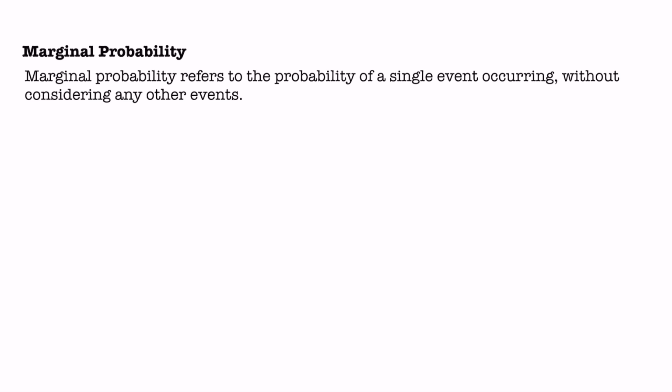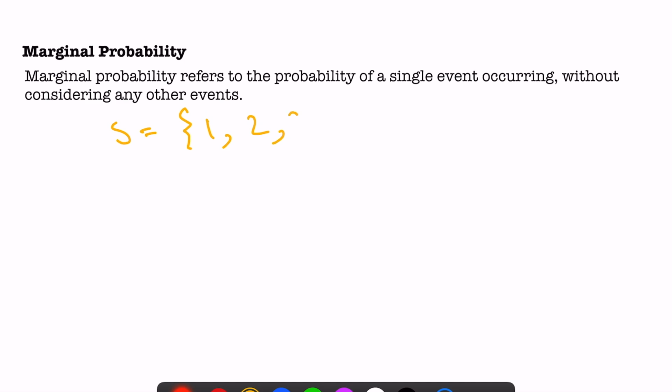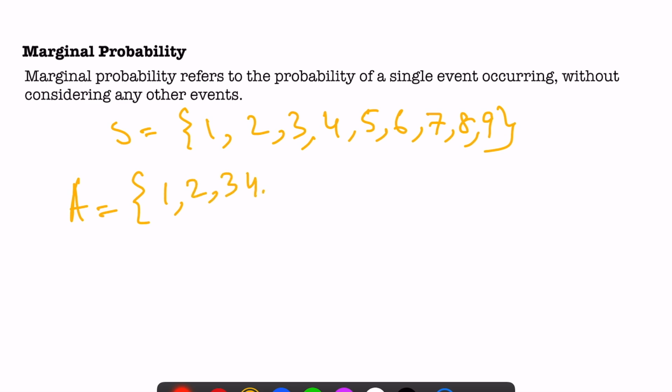What is a marginal probability? Marginal probability refers to the probability of a single event occurring without considering any other events. Consider a sample space 1, 2, 3, 4, 5, 6, 7, 8 and 9, and one event, let's say A: 1, 2, 3, 4.